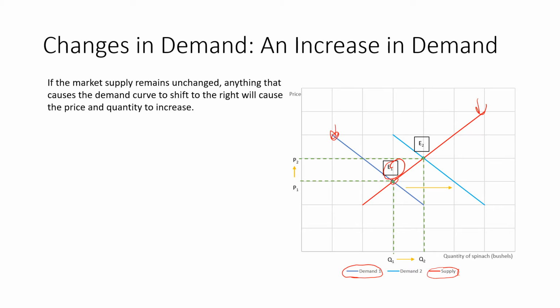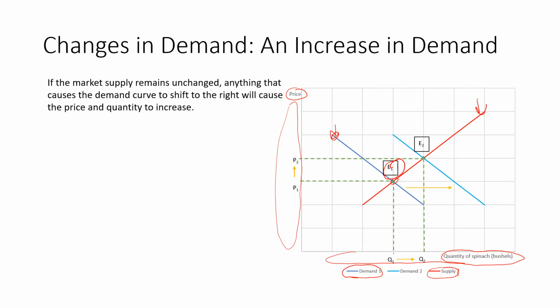You may have noticed something different about this graph. I have not placed any numbers along the y-axis for price, nor along the x-axis for quantity. I have indicated that this is still quantity of spinach in bushels, and this is still price, but I haven't actually labeled them with numbers.